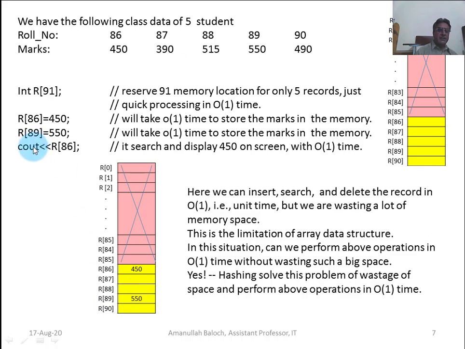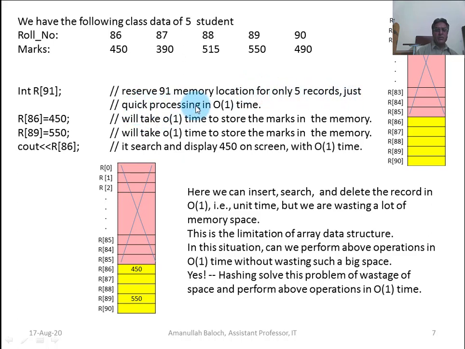And if I write cout less than R of 86, then the computer will quickly access this memory location, fetch the value 450 and display it. It means through this statement the computer reserves 91 memory locations for only 5 records.